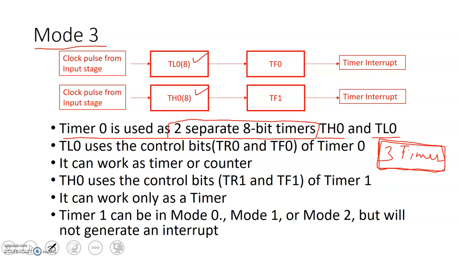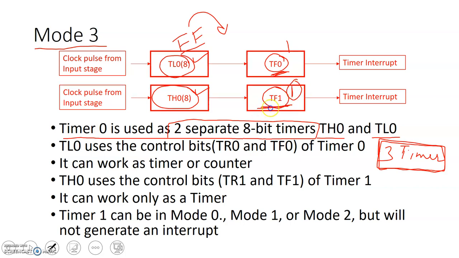For a timer to work, we know there should be some overflow flag. When it is counted up to FF and then overflows, this flag should be set to indicate that overflow has occurred. So when TL0 overflows, the TF0 flag is set, while when TH0 overflows, the TF1 flag is set. So that's the difference.